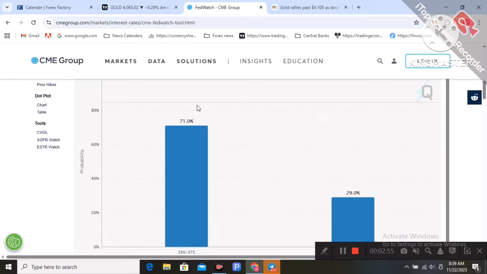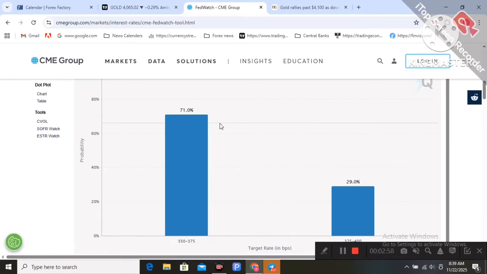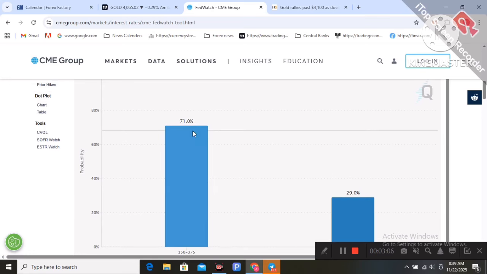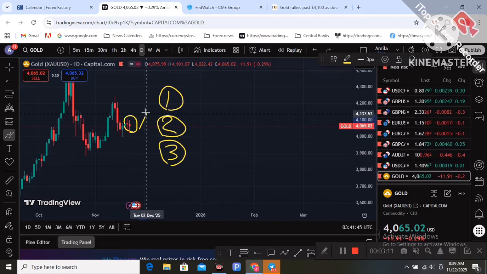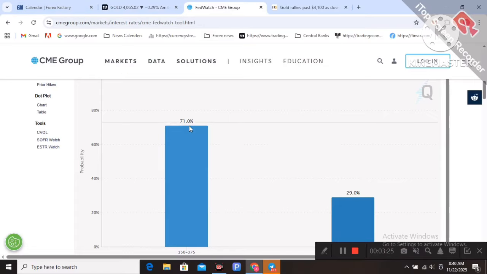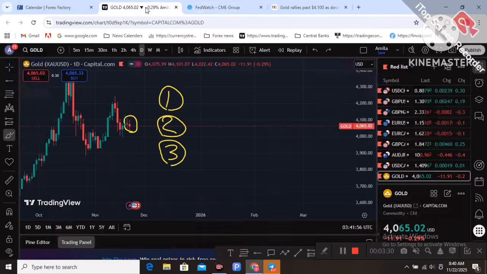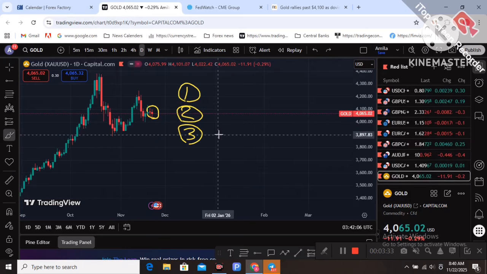So if next week this 70% increases to 75%, 80% like this, it will not help the dollar sell off, because the rate cut is already priced into the market. So the rate cut priced into the next FOMC meeting will not help gold push to the upside, because it is already priced in, and that will not help the dollar sell off and gold push to the upside. 4% is the current interest rate of the American central bank, so that will help gold drop to the downside.